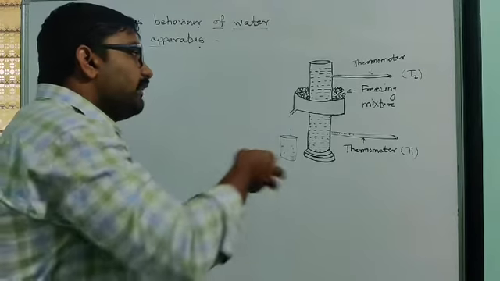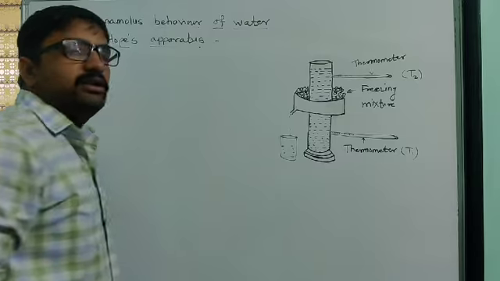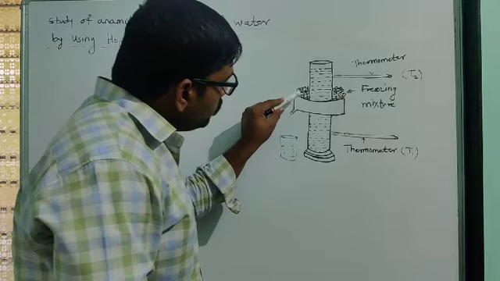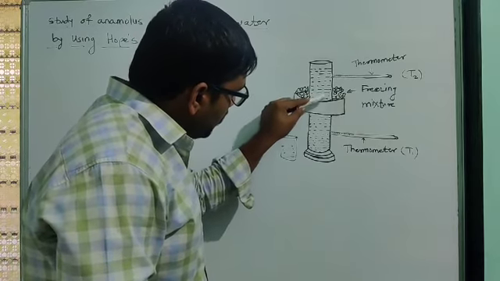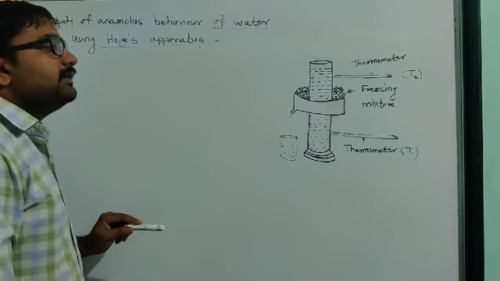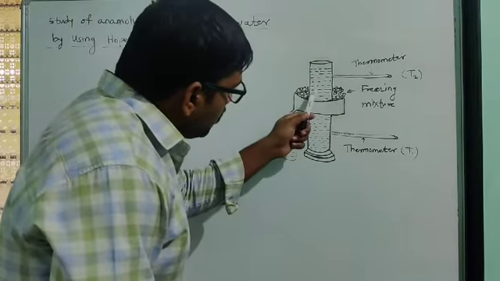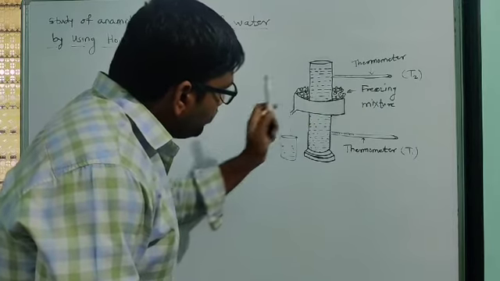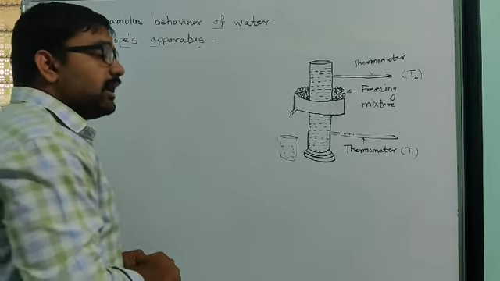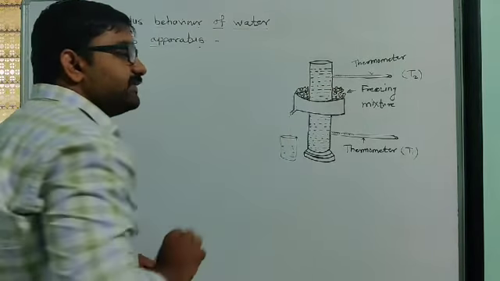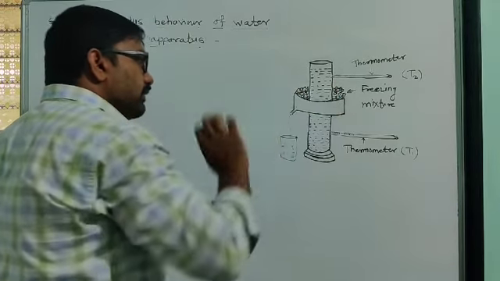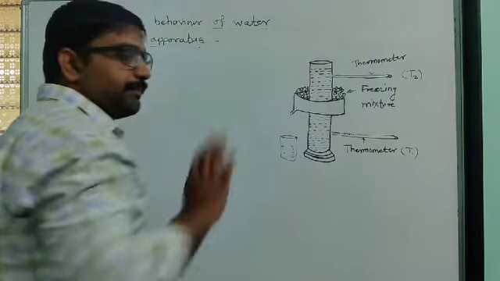But when we place the freezing mixture around this water, the glass tube which comes in contact with this freezing mixture, due to that, the temperature of the water present over here falls.